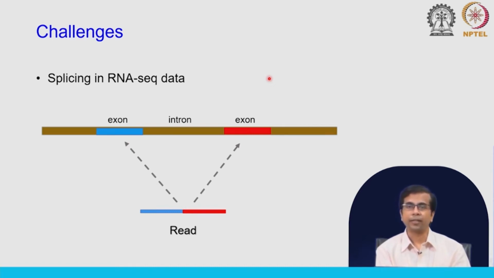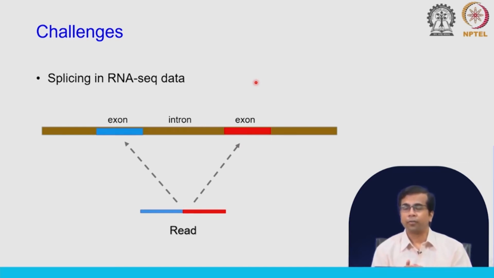When you have these splicing events, you have these exons that join together and cut out the intron in between. Okay. So, when you generate reads, it will just give you the exon sequences, it will not give you the intron sequences, because this sequencing is done on RNA, from RNA to cDNA and then that is sequenced. So, you will get these exon sequences only, not intron sequences.